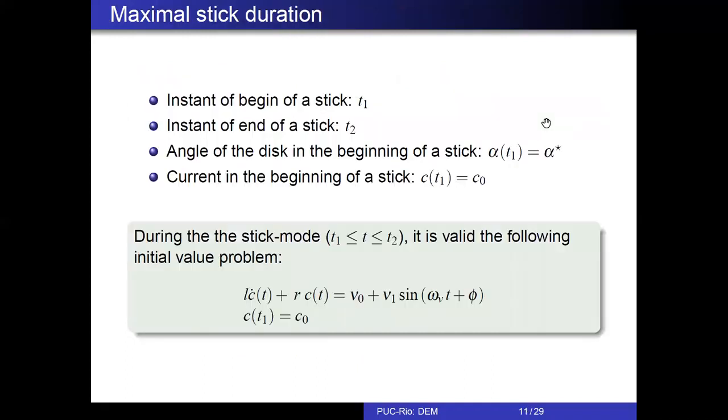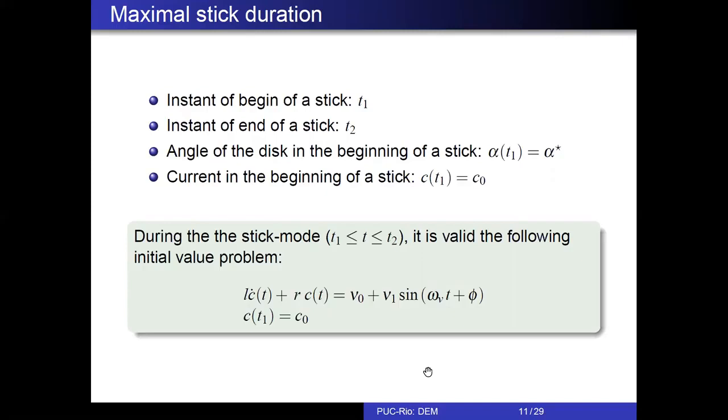During stick modes, we need to integrate this initial value problem that is composed of just one differential equation with just one initial condition. Please observe that the initial value problem involves just electrical parameters and is valid for t between t1 and t2, that is, the instant of the beginning of a stick and the instant of the end of a stick.